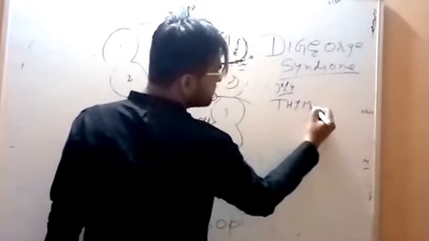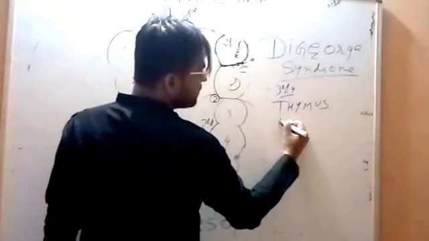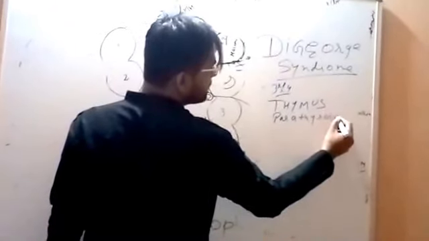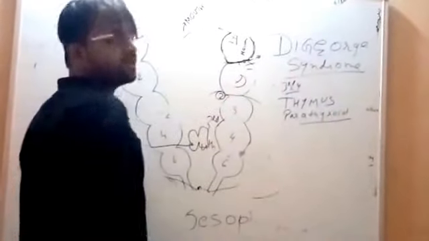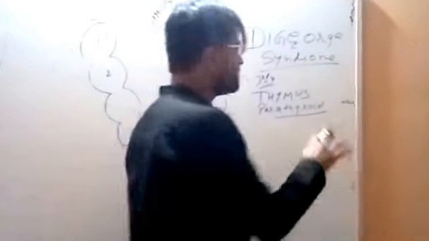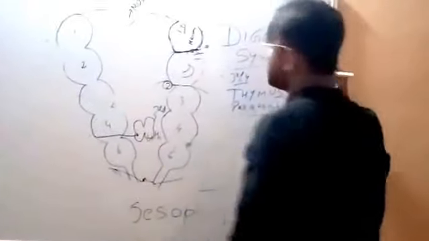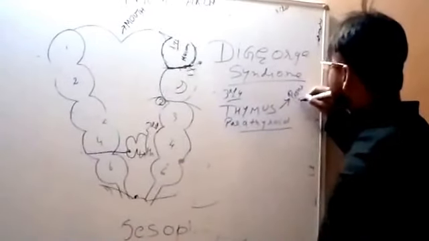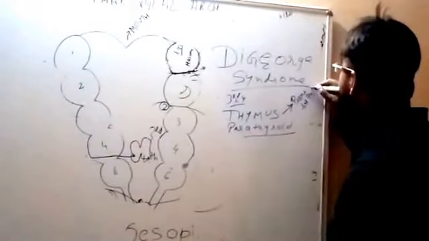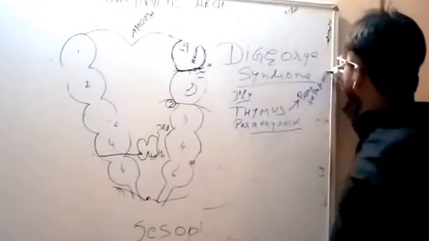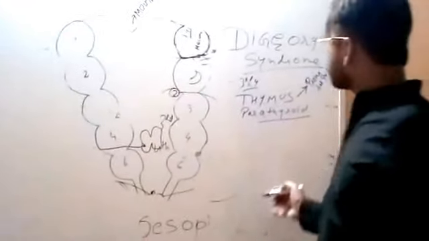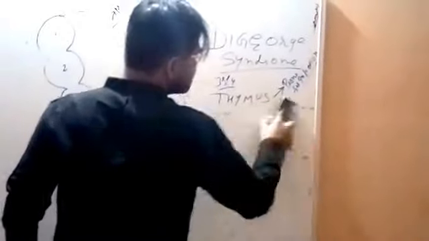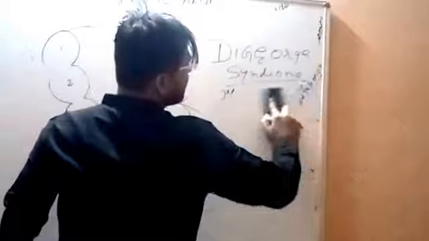Thymus and your parathyroid. So when the thymus is not there, then the T cell maturation doesn't happen. And when the T cell maturation doesn't happen, the child is prone for infections. When the parathyroid is not there, the calcium regulation is not maintained. Child has hypocalcemia.